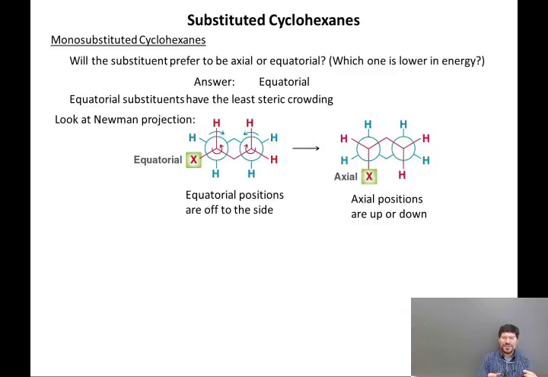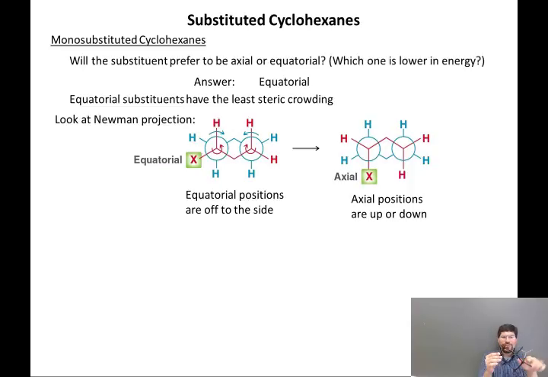You see that? I can bend my model just a little bit and knock the CH3 into either of those hydrogens. If we look at a Newman projection for an axial position on the right here, the CH3 group can bump into one of the hydrogens going down two carbons away: carbon 1, carbon 2, carbon 3.